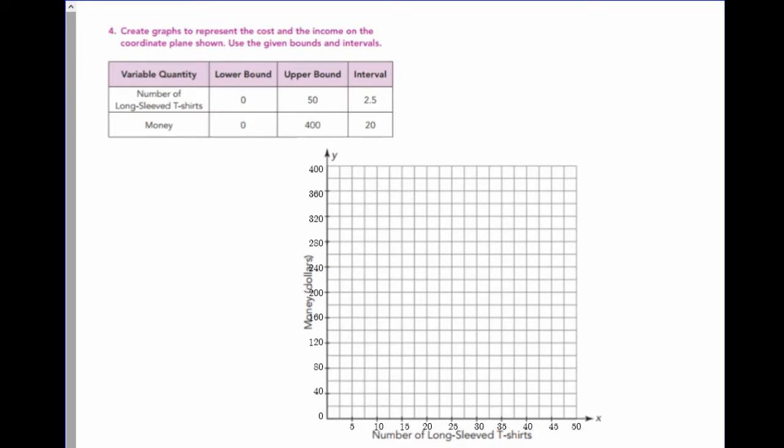So on the x-axis, make sure you get them labeled 5, 10, 15, 20. And on the y-axis, it tells us that we should go by an interval of 20 all the way up to 400. So I have done that on the y-axis. So make sure you get that as well, starting at 0 and then 40, 80, 120, 160, all the way up to 400. I'll give you a second to get those copied down before we start graphing.